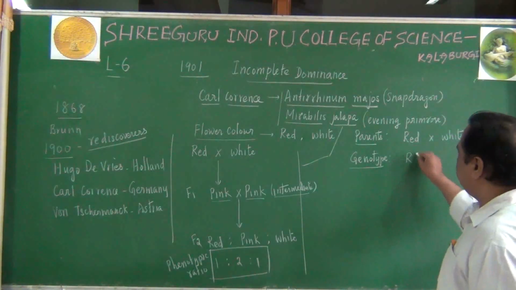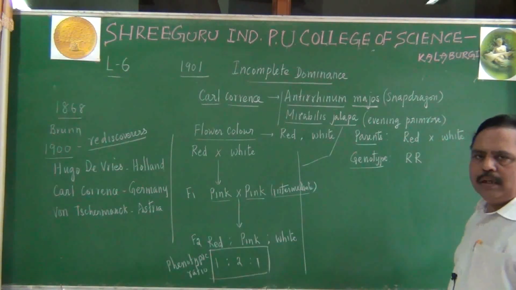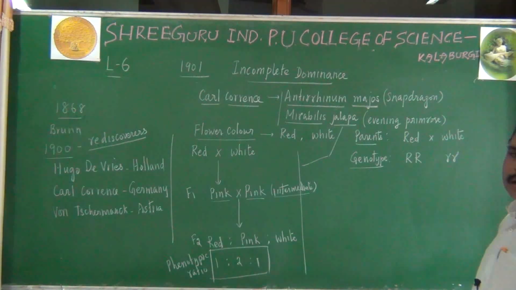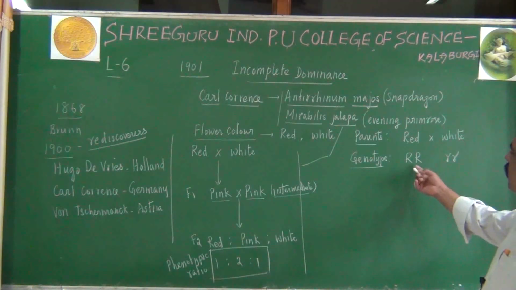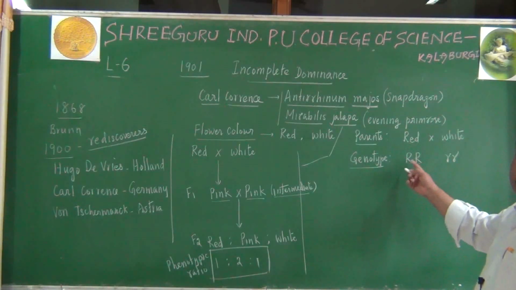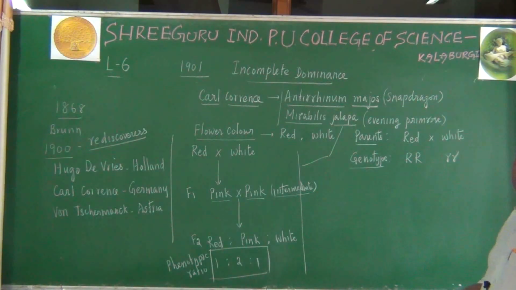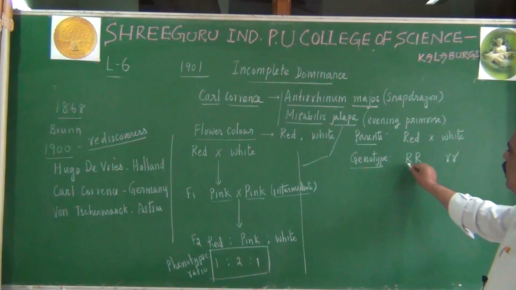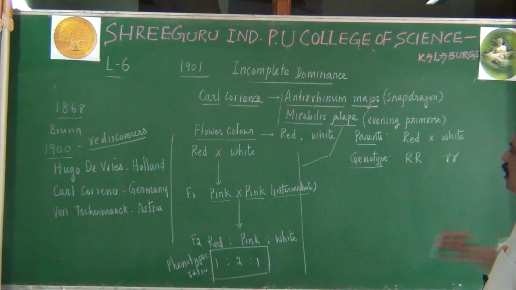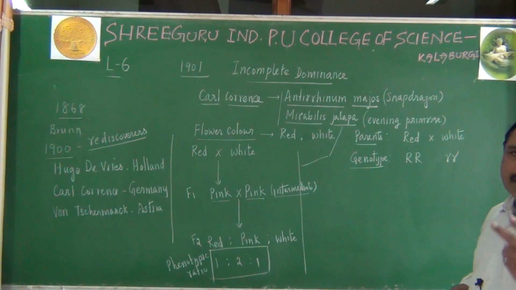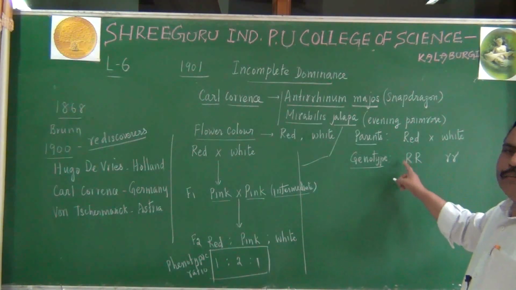For red, let me put capital R, capital R. For white, let me put small r, small r. Of course, we do not know whether it is dominant or recessive at this time. Let us just take some symbols, capital R and small r. Remember why it should be two capital R? Because parents are always diploid.